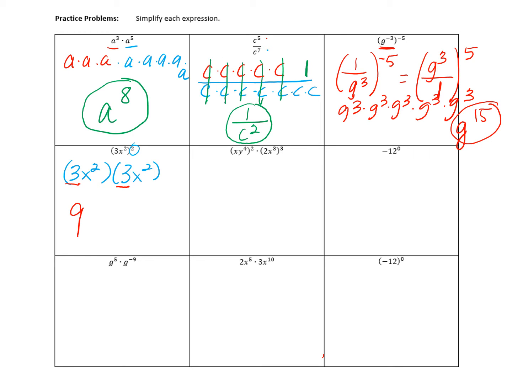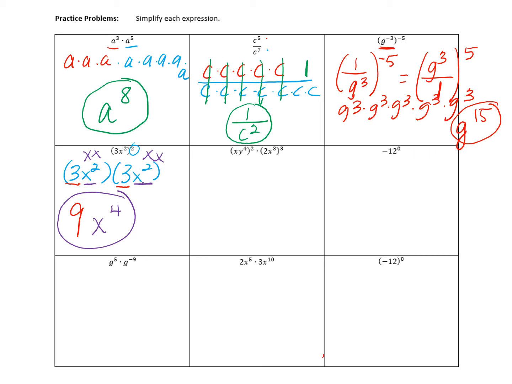And then if we look at the x squared, remember there's 2 x's here and 2 x's here. So x squared times x squared, we've got 2 x's there and 2 x's there for a total of 4 x's. And since we're multiplying, that would give us 9x to the 4th.